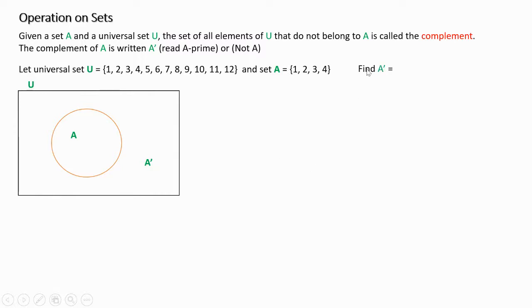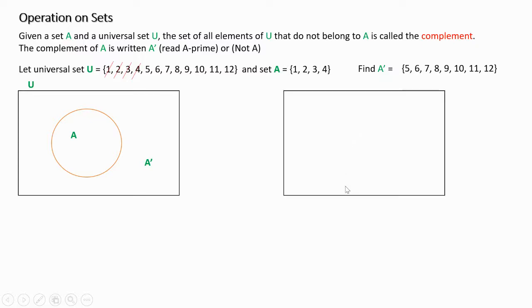We need to find the A complement, or A prime, or not A. So not A means not 1, not 2, not 3, and not 4, because set A was 1, 2, 3, 4. So what's left? 5 through 12. That's the complement of A, or not A.